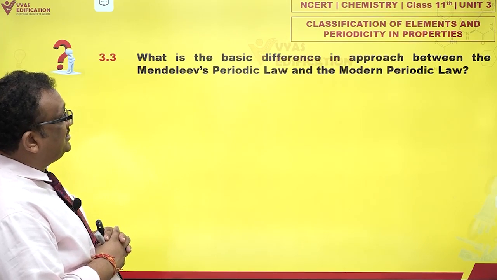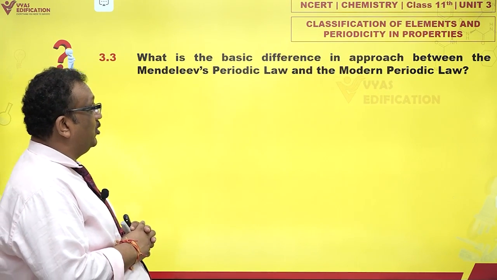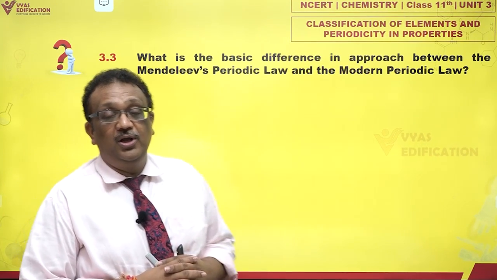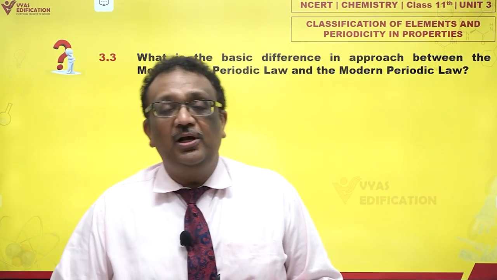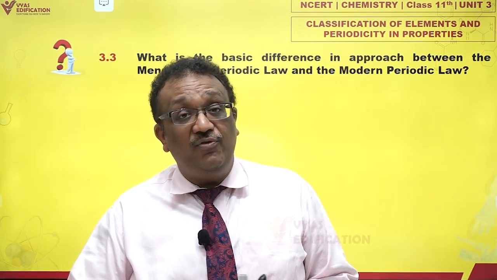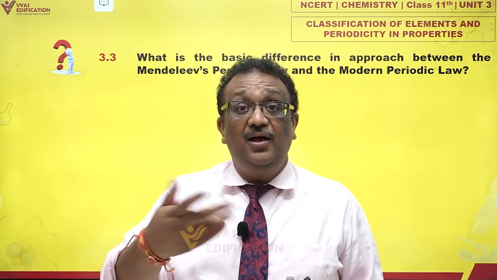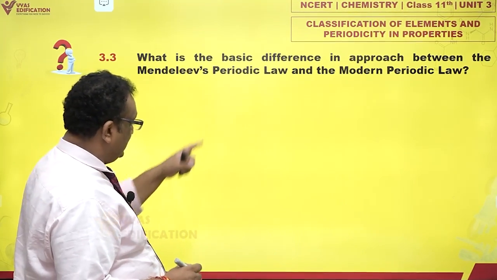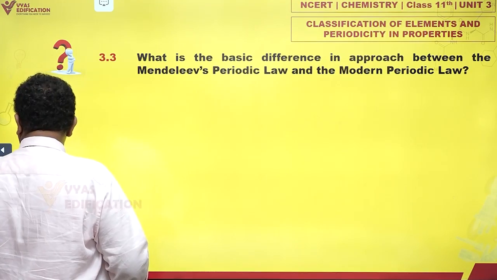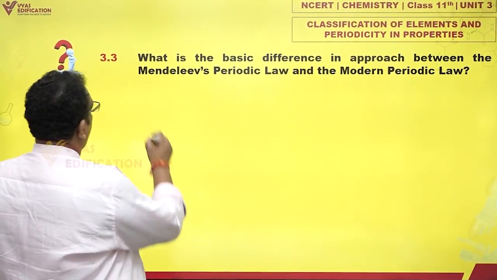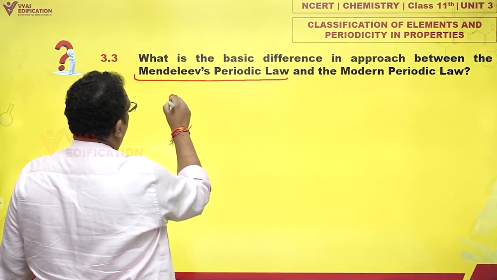What is the basic difference in approach between Mendeleev's periodic law and modern periodic law? The periodic law states that properties of elements are periodic functions of their atomic masses. If you talk about Mendeleev, this has been the stand of Mendeleev. He talks about atomic mass.